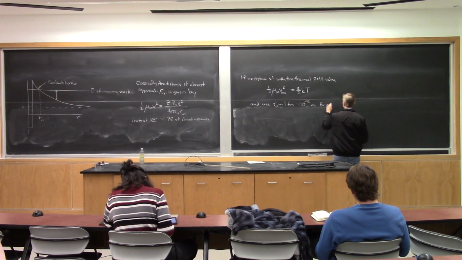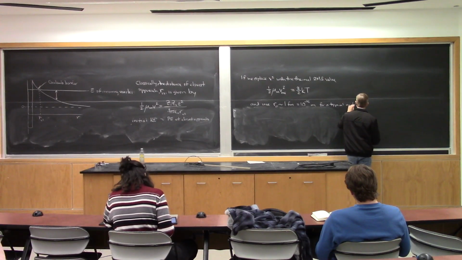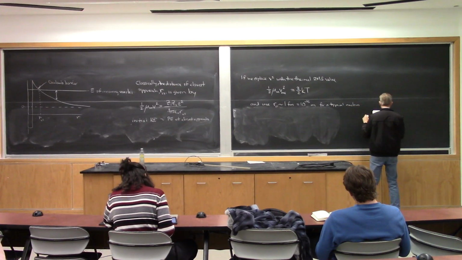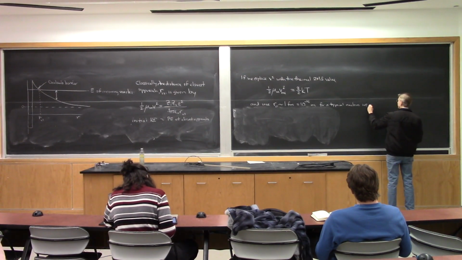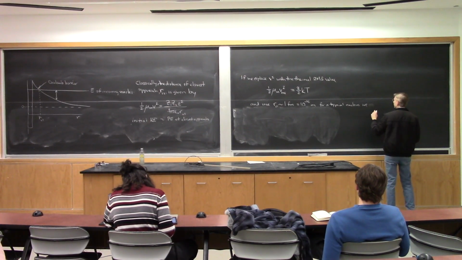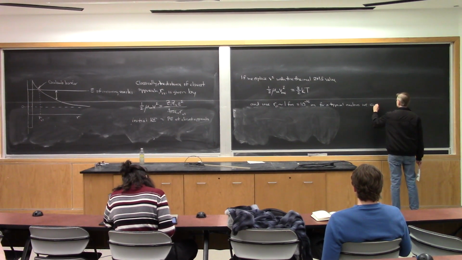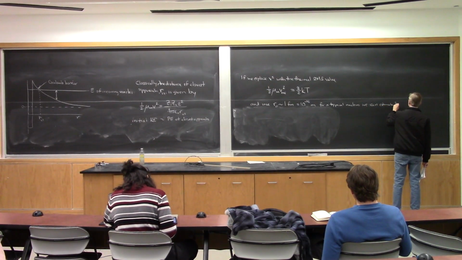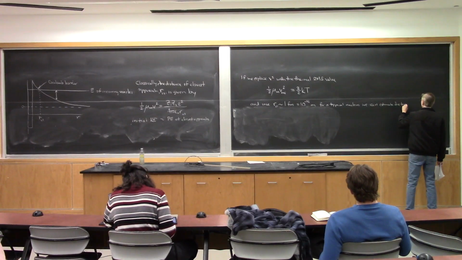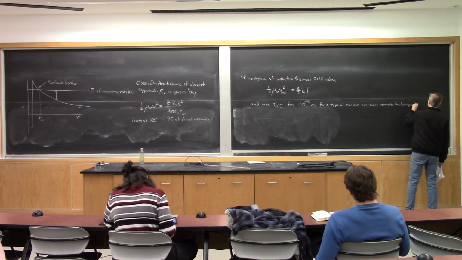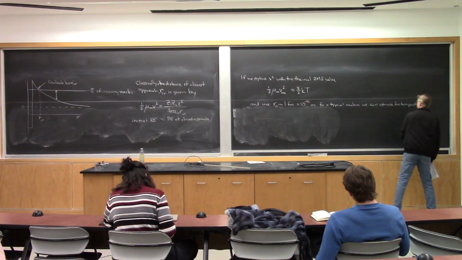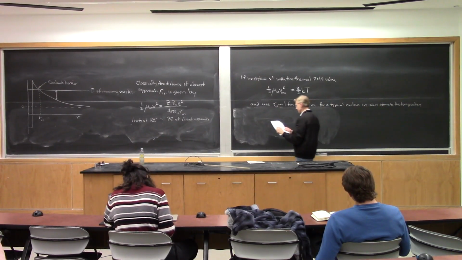It's a typical nuclear size. We can estimate the temperature required for fusion if the particles behave classically, where they have to overcome the Coulomb barrier.